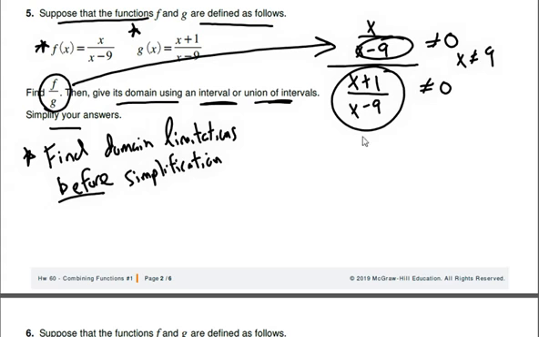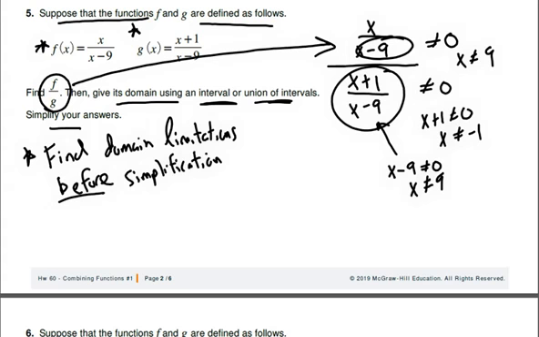So when does this fraction equal 0? Well, a fraction will equal 0 if the numerator equals 0. So we can say x plus 1 cannot equal 0. Therefore, x cannot equal -1. And then this right here, x minus 9 cannot equal 0. That's the same situation as up there, 9.